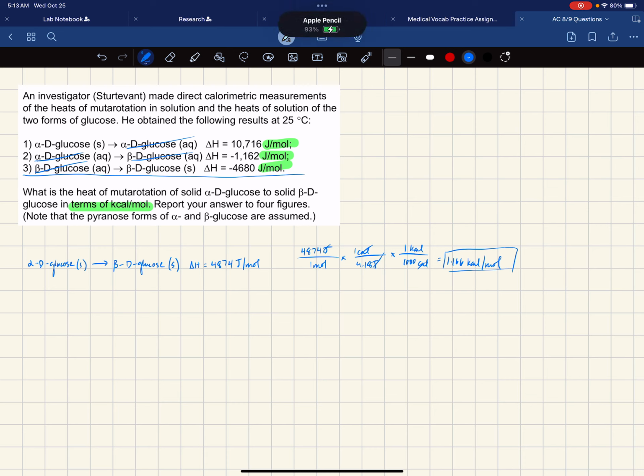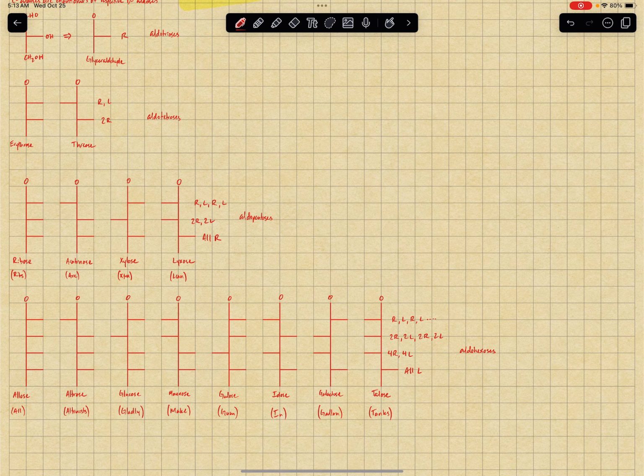And so that's going to be it for this week, or for the last 2 weeks. I know that it probably seemed pretty fast, but the main thing I think for these is it's really all contingent on your knowledge of these sugars.